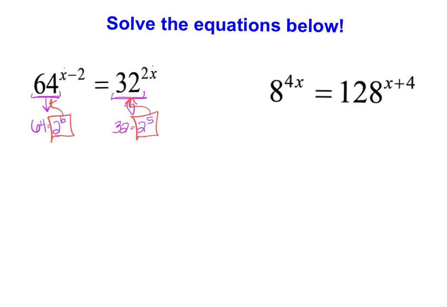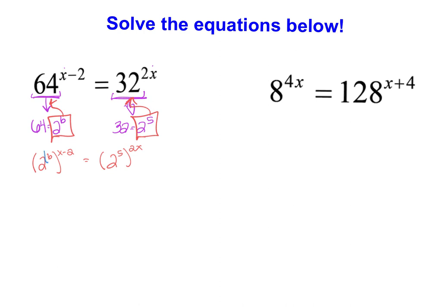Here I start off by replacing 64 with 2 to the power of 6, and then replacing 32 with 2 to the power of 5. Before I can use my common base trick where I set the exponents equal, I need to make each side one exponent.